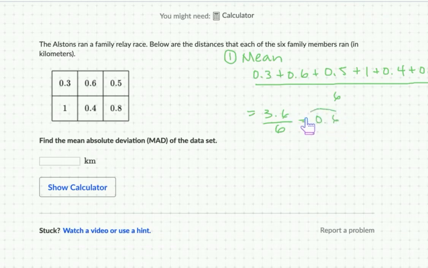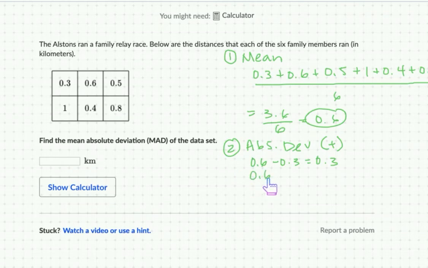So that's the mean. Then we have to figure out the absolute deviations. Those are all positive, and we want to figure out the distance each of them are away from 0.6. So 0.6 is, after the subtraction, 0.3 steps away from 0.3. 0.6 is 0 steps away from 0.6.